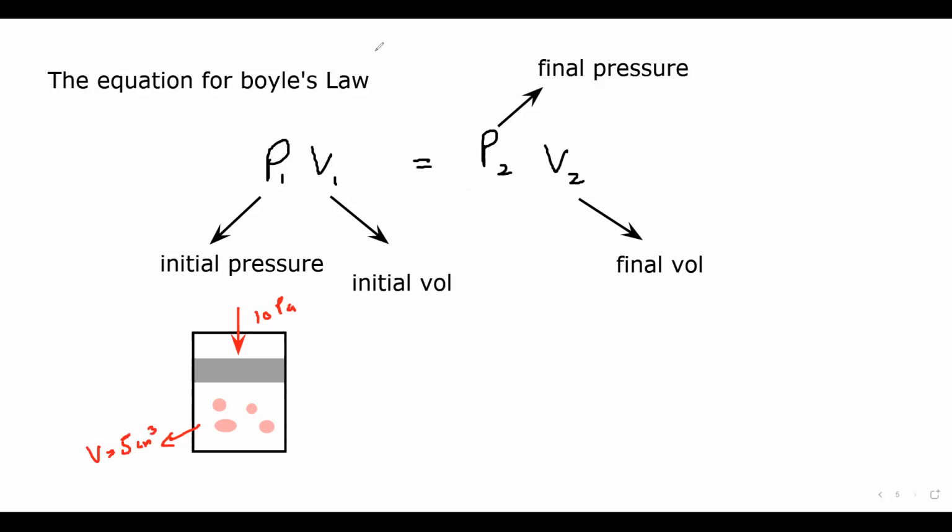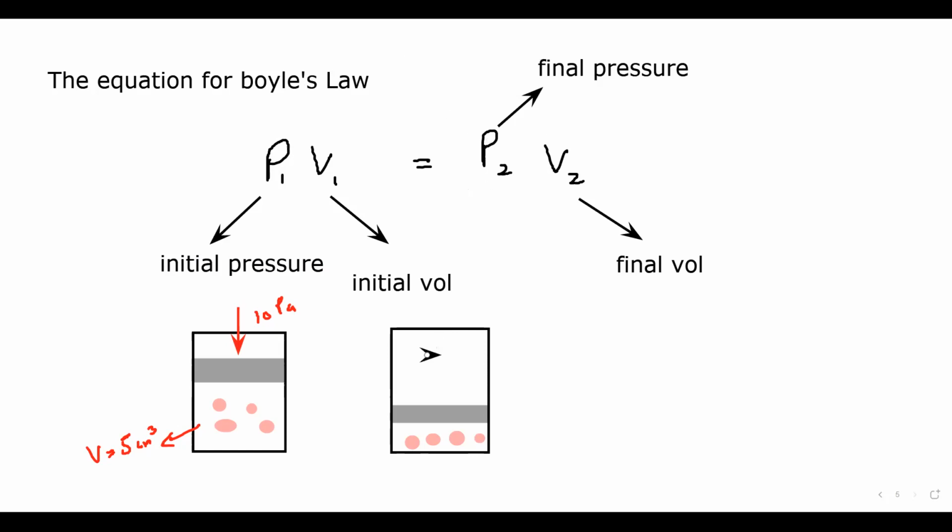Now what happens? We change the pressure. As we change the pressure, what happens to the volume? The volume will decrease. But sometimes they ask, state what is the new volume or what is the new pressure.